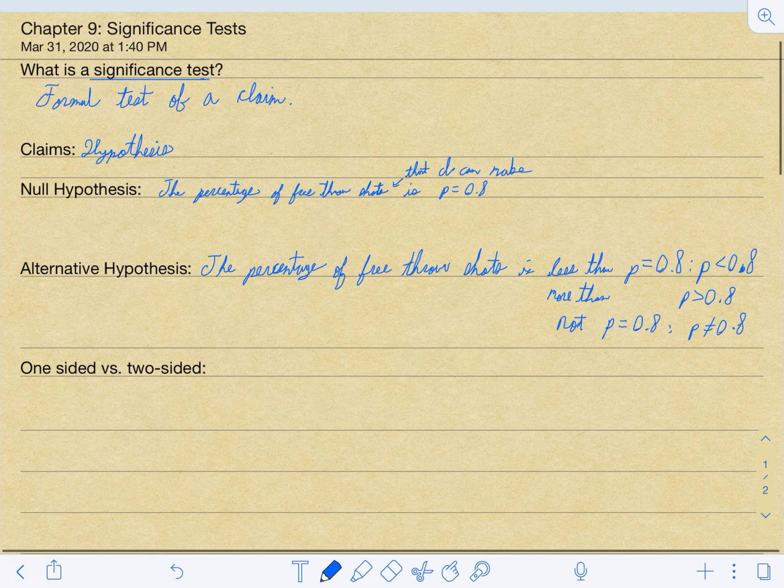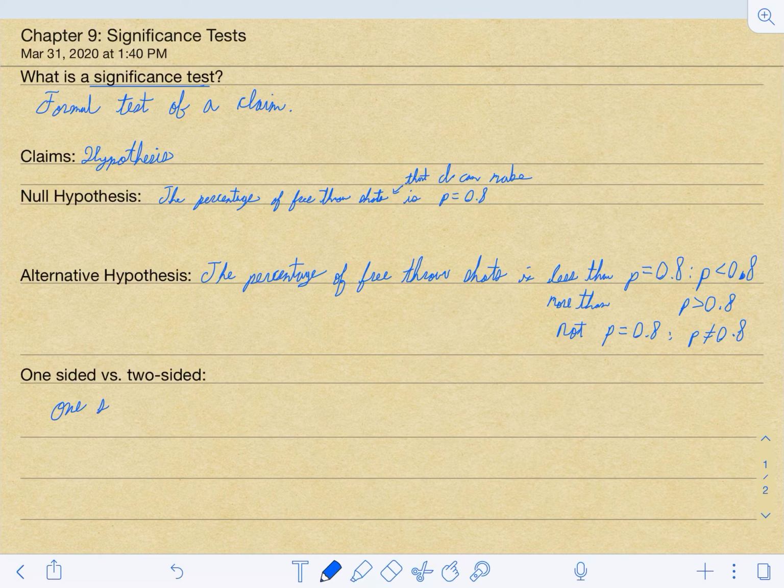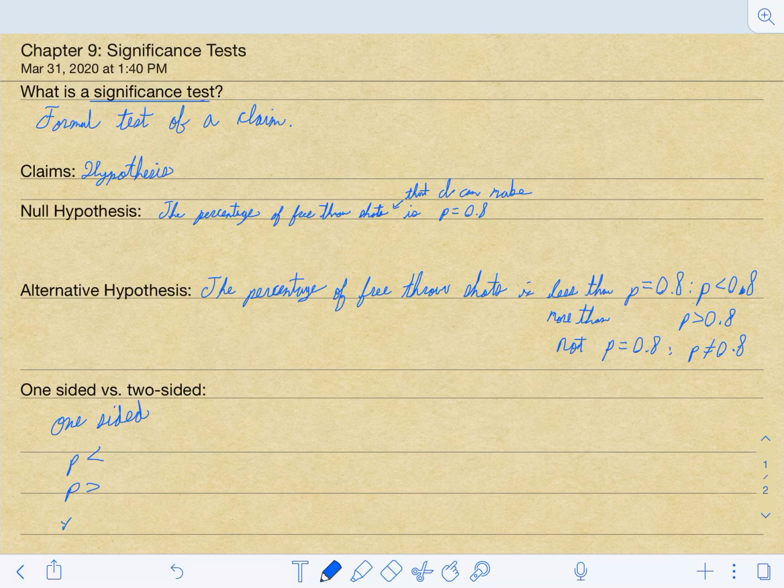This creates different ideas. We have these one-sided versus two-sided hypotheses. A one-sided hypothesis would be P is less than, or P is greater than, or the average is less than. It's only one direction.